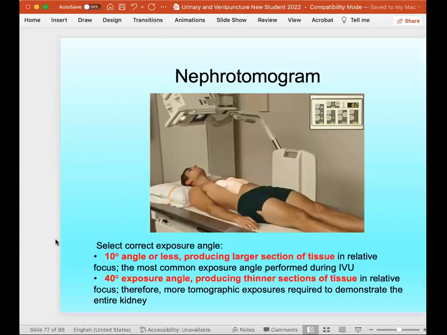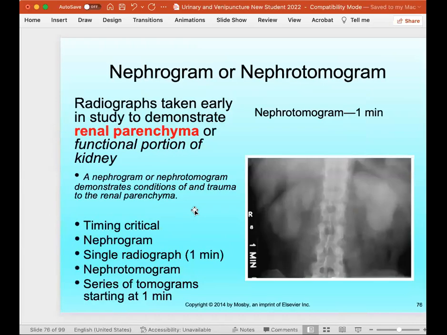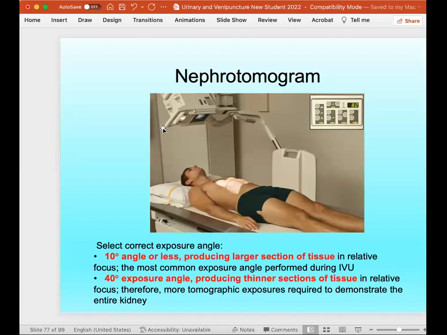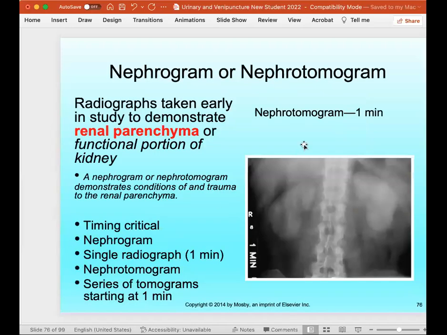Let's see here. What this is doing, and I don't want to focus too much on this because we're going to talk about it next week, is to get a better view of the kidneys, it's going to blur everything above and below the kidneys, so that it blurs out the ribs and any other overlying anatomy within the kidney region.